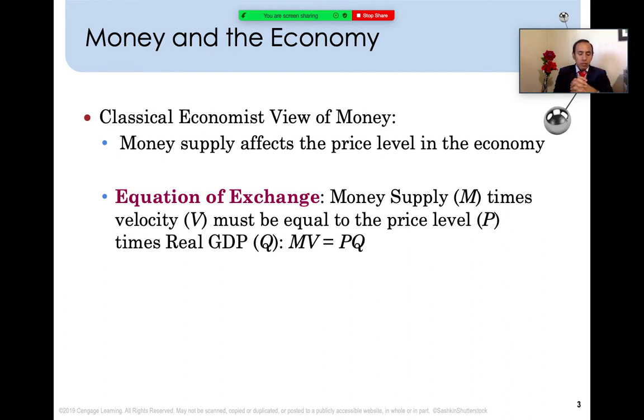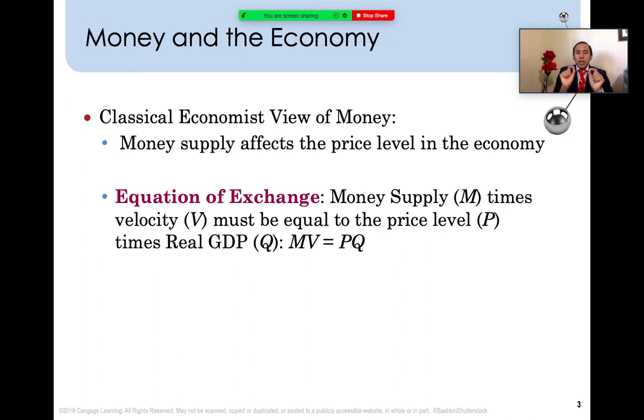The very basic, simple equation of exchange indicates that the money supply times the velocity of money, how quickly money travels through the economy, must be equivalent to the price level in the market times the level of output, or real GDP, which in this case is labeled as Q, in a simple economy.